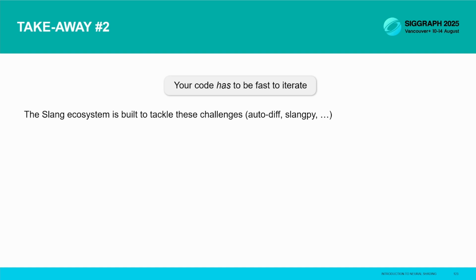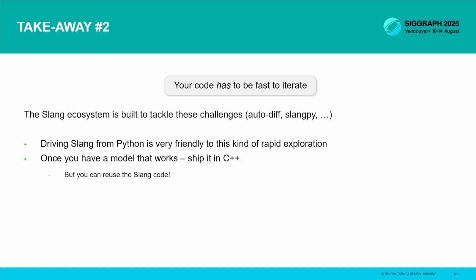Now, it might sound weird to put Python and real-time in the same context, but Python happens to be very friendly to this kind of rapid exploration, where you might need to make frequent changes to how your training code operates. But once you've found a model architecture and training setup that works, you can go and develop it in C++ to get all the performance out of it that you want.